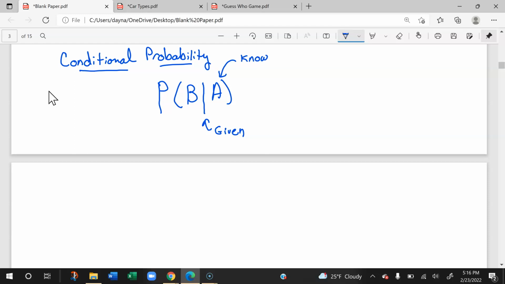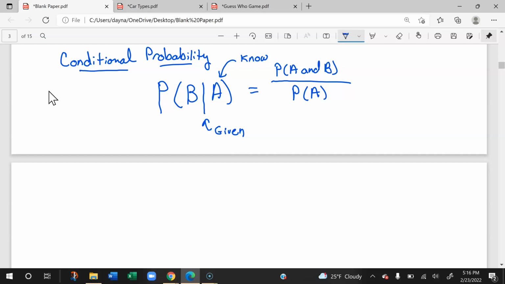So this is the information that we know. This is equal to the probability that A and B happen, so like their intersection, they happen together, divided by the probability that event A happens.